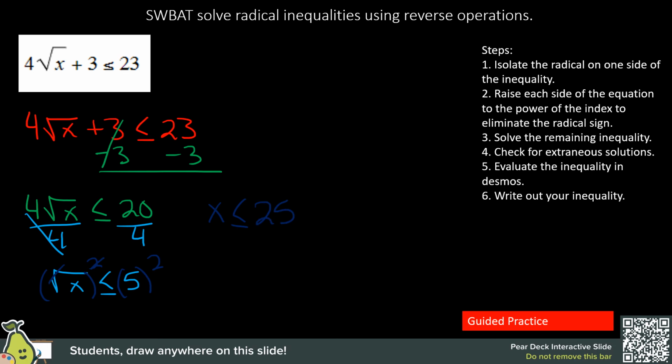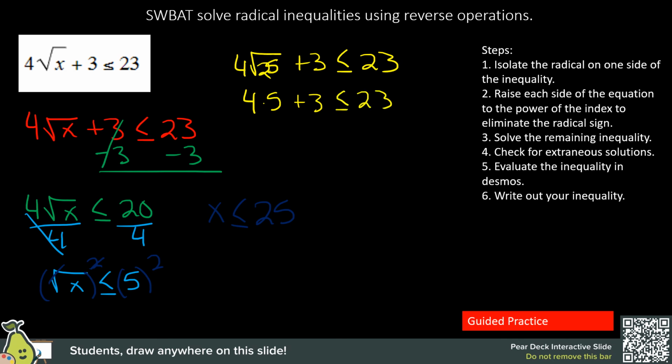You can plug this into Desmos to see if this works. I'm going to go ahead and check this by hand. I would have 4 square root of 25 plus 3 is less than or equal to 23. Then we'd have 4 times 5 plus 3 is less than or equal to 23. 4 times 5 is 20 plus 3 is less than or equal to 23.